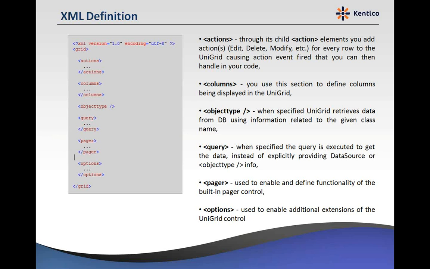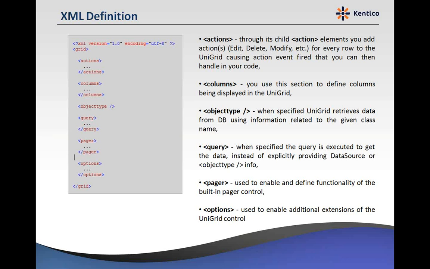So after the object data type, we have a query element. As I mentioned, the query section can be used to specify the custom query that will be used by UniGrid to retrieve the data. Then there is a pager section. The pager section allows you to modify the default behavior of the UniGrid built-in pager.